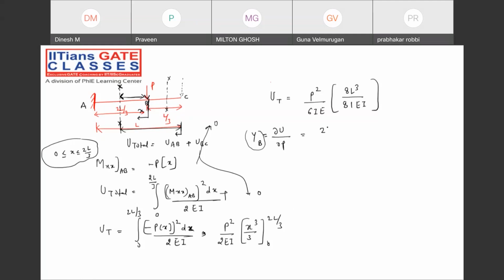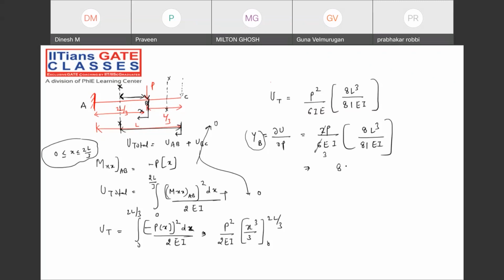Differentiate: 2P divided by 6EI times 8L cube divided by 81EI. So this is going to be cancelled.